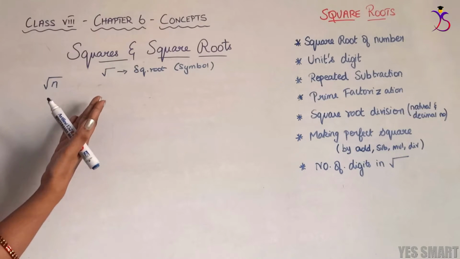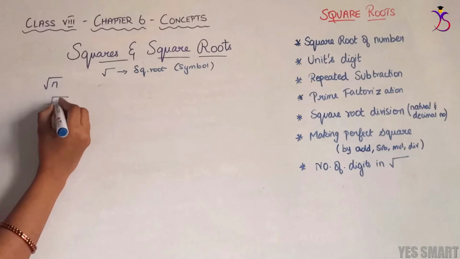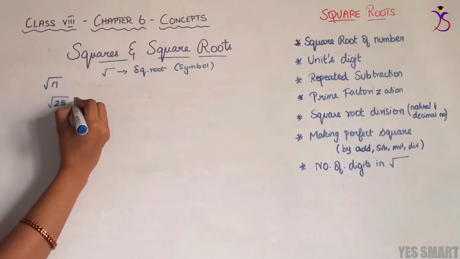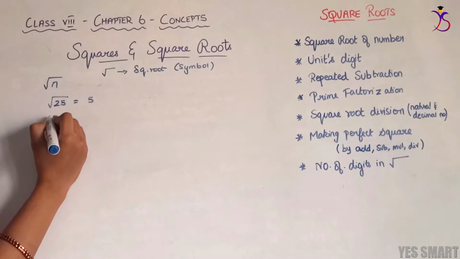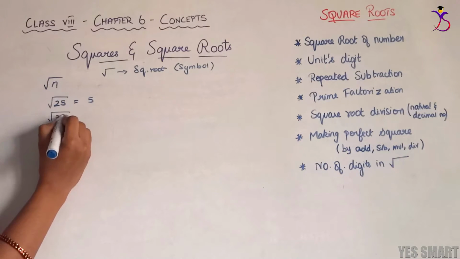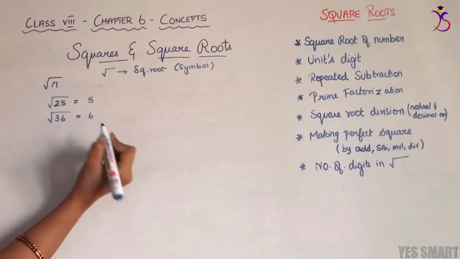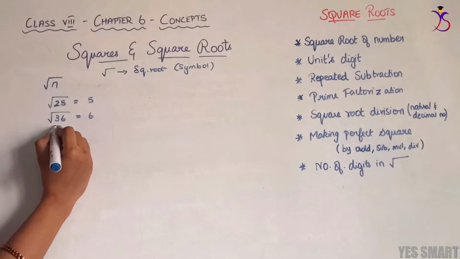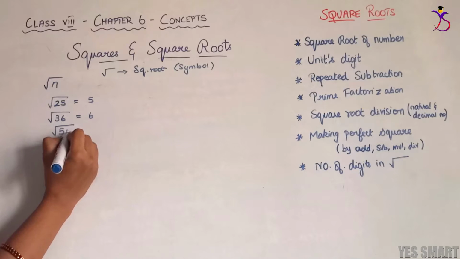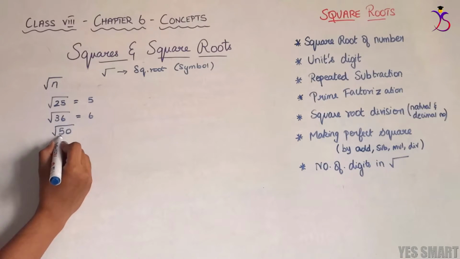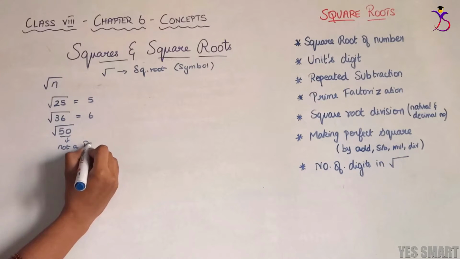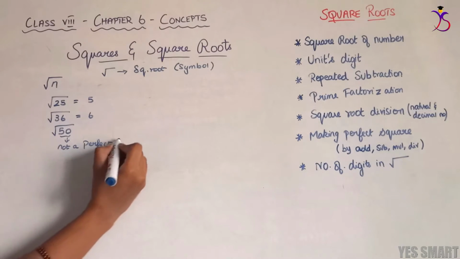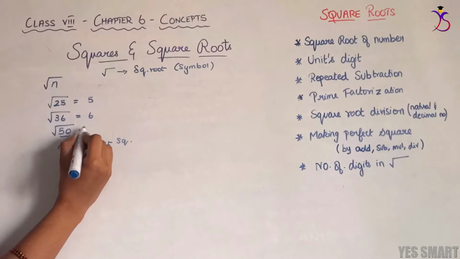Now let's look into some examples. Square root of 25 equal to 5, because 5 fives are 25. Same way, square root of 36 equal to 6, because 6 sixes are 36. But when we try square root of 50, this 50 is not a perfect square number, so we will not get an exact value.